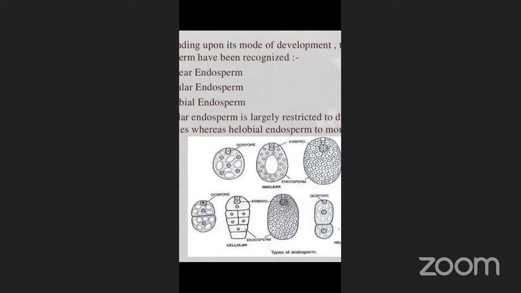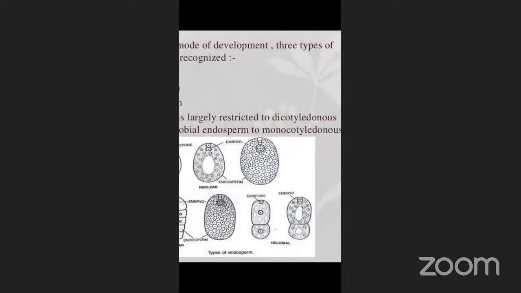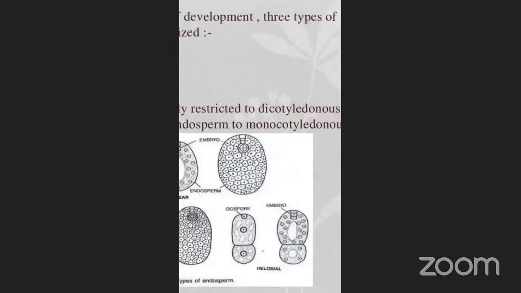Next, helobial endosperm. This type of endosperm development is intermediate between cellular and nuclear type. The primary endosperm nucleus divides in situ after coming to the chalazal end.